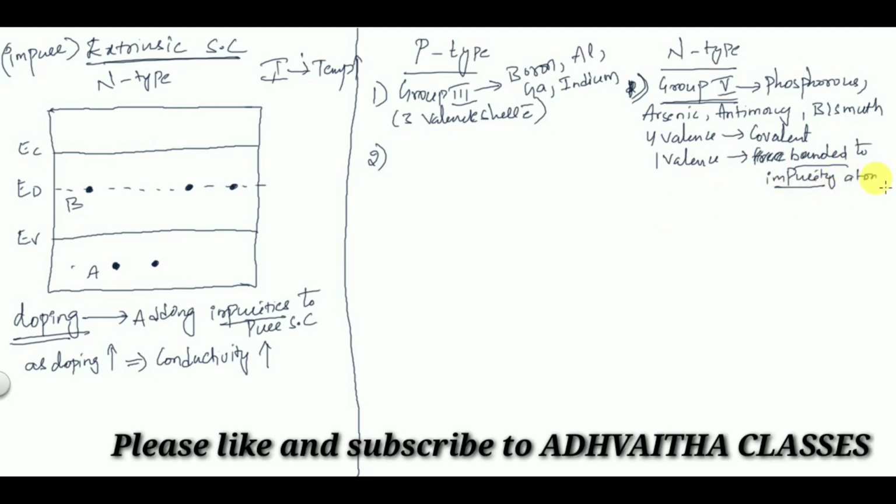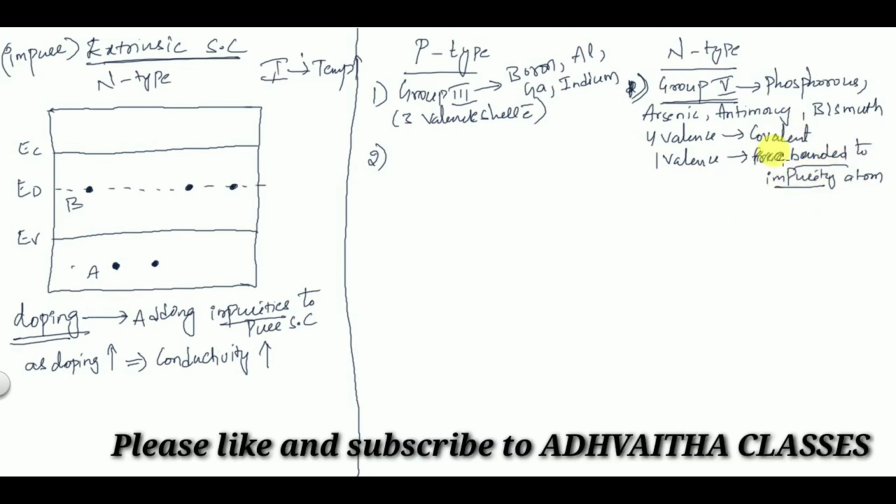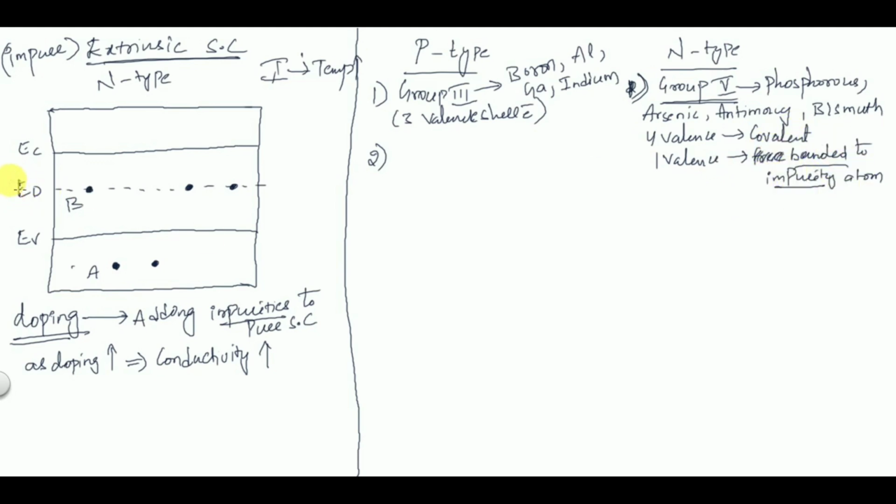This bond to the impurity atom we show with another energy level, which is called the donor energy level.